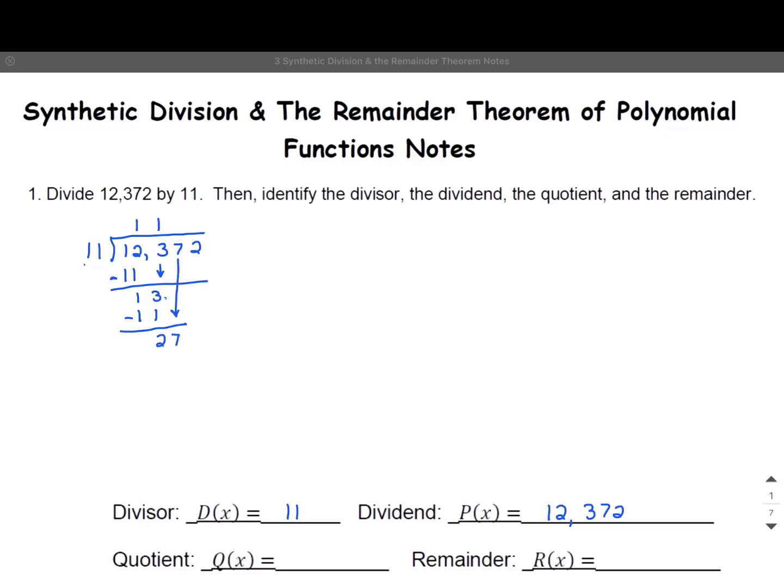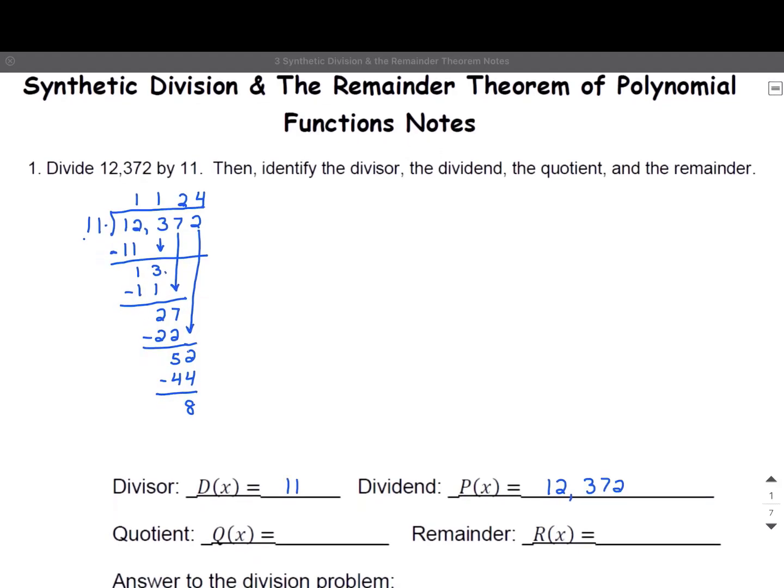Bring down the 7. Now 11 goes into 27 2 times. 2 times 11 is 22. We subtract, and we get 5. We bring down the 2. Now 11 goes into 52 4 times, and 4 times 11 is 44. When we subtract, we get 8.